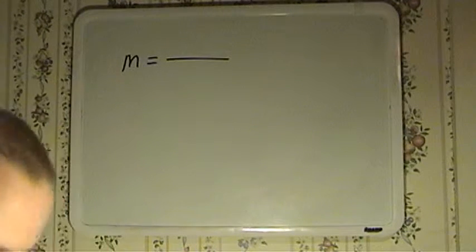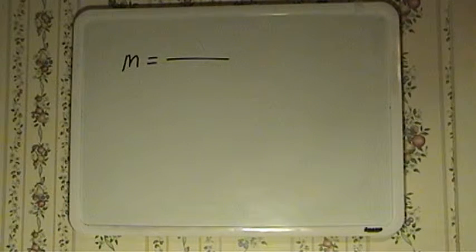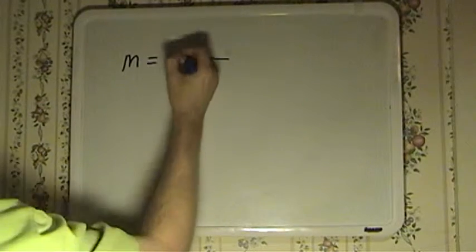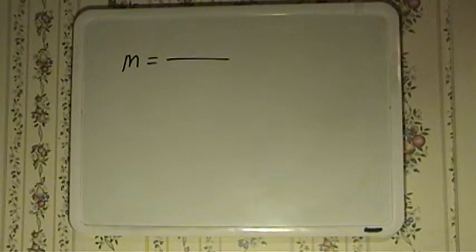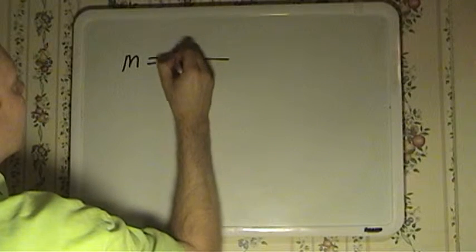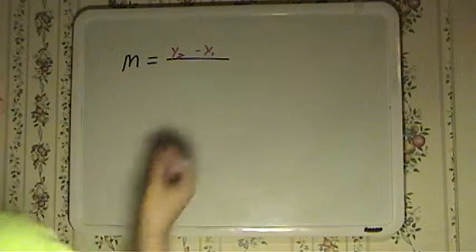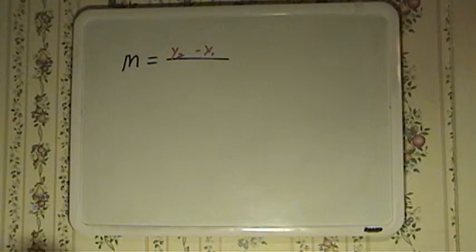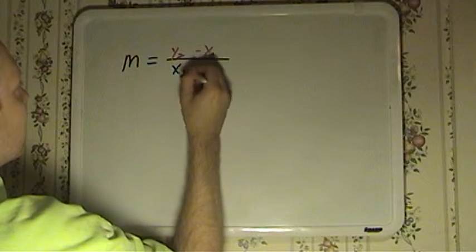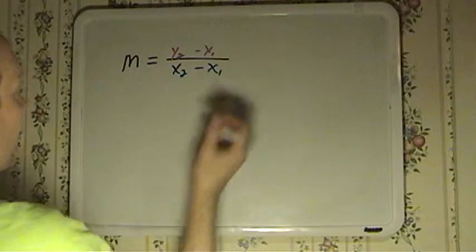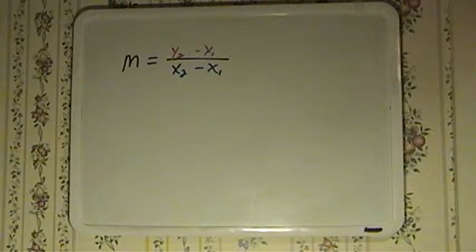And M represents y sub 2 minus y sub 1 over x sub 2 minus x sub 1. Now you're saying, where do I get y sub 2 and y sub 1 and x sub 2 and x sub 1 from?